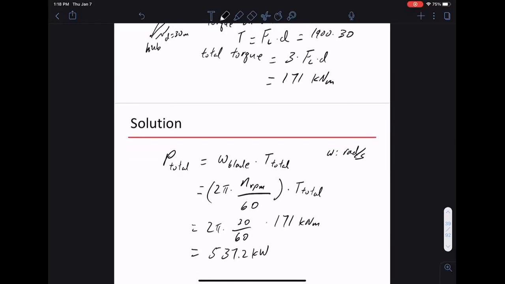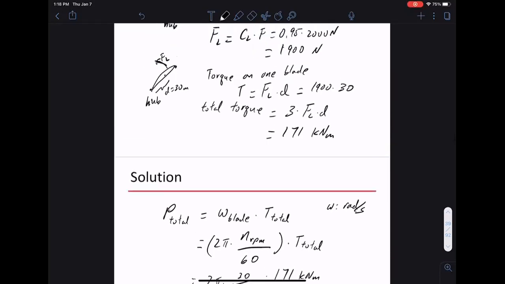So a decent sized turbine. We will use these two equations quite commonly. One to remember goes from force to torque, and another goes from torque to power. We'll use these quite a bit this week and next week.